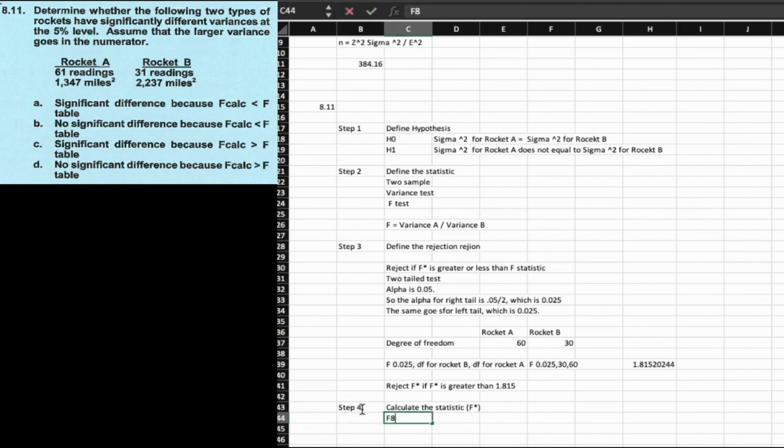So F star, this one is simple actually, equals the greater variance, 2,237 miles, divided by 1,037 miles, and that gives you 1.66. Since F star equals 1.66 is less than 1.81, fail to reject the null hypothesis.